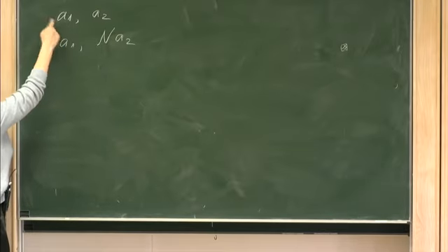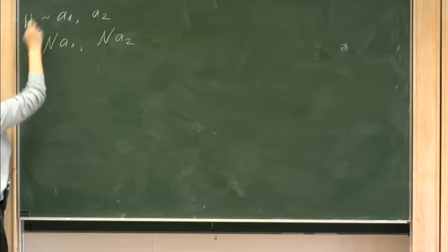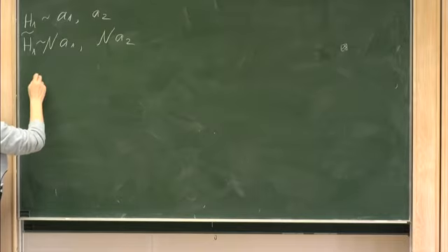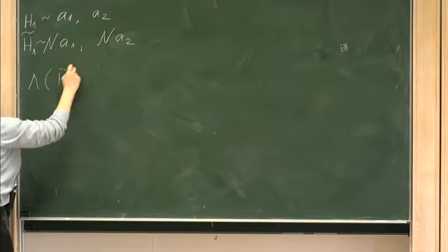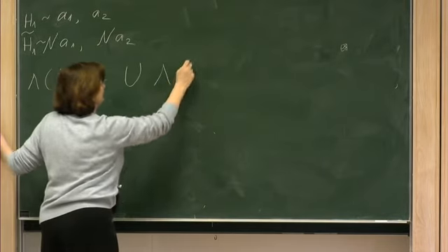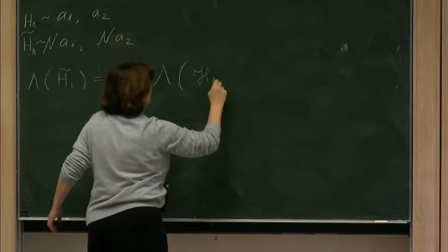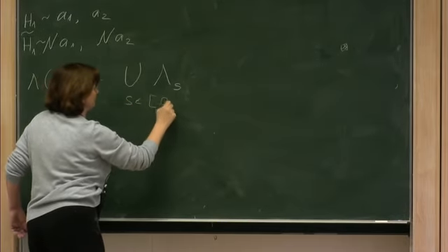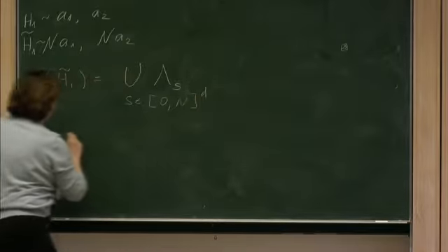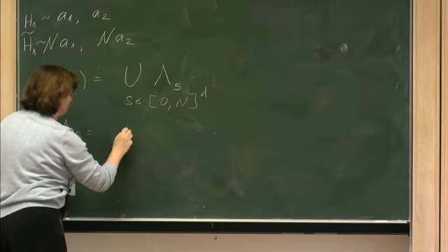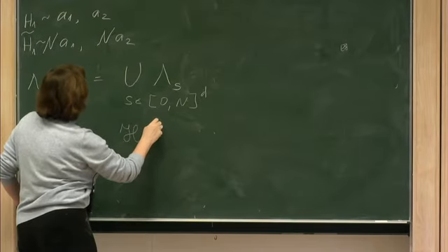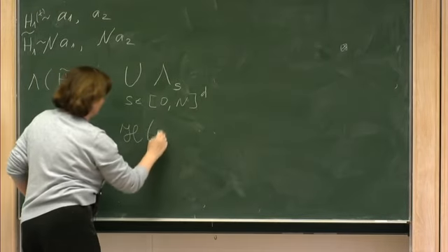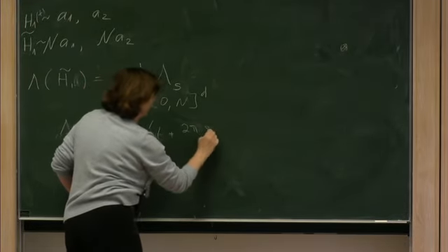The spectrum of the operator H1 tilde corresponding to this period will be the union of the spectra of the operator H, lambda S, where S belongs to 0 and the dimension D, and lambda S is the spectrum of the operator H, and if here we had T, then here we will have T plus 2 pi S n.